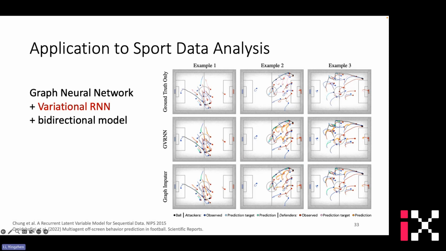They previously did this football player trajectory analysis, where they wanted to understand how different players interact with each other, so they built a recurrent neural network based generator, but they also embedded some interesting architecture like graph neural networks to explicitly model the interactions between the players.